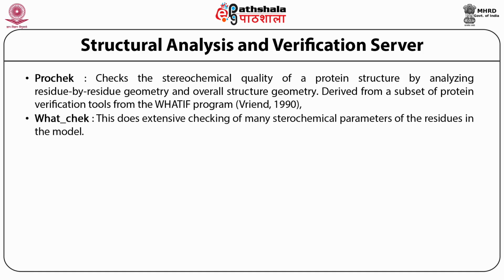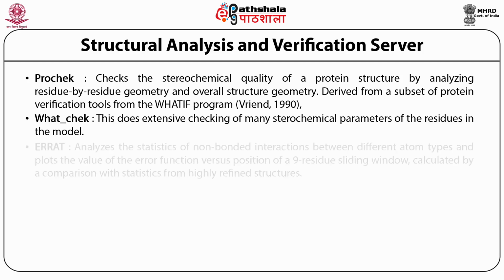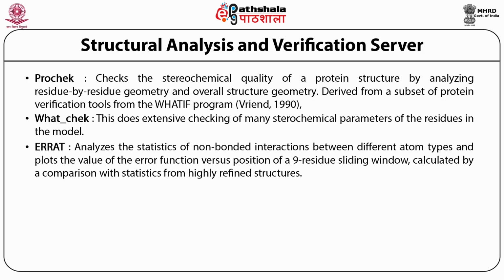Then WHATCHECK does extensive checking of many stereochemical parameters of the protein model. It contains another tool, ERRAT, that analyzes the statistics of non-bonded interactions between different atoms and plots values of the error function versus position of a 9-residue sliding window, calculated by comparison with the statistics from highly refined 3-dimensional structures.